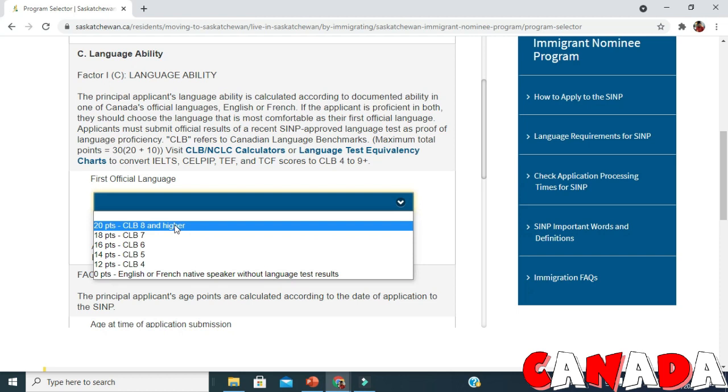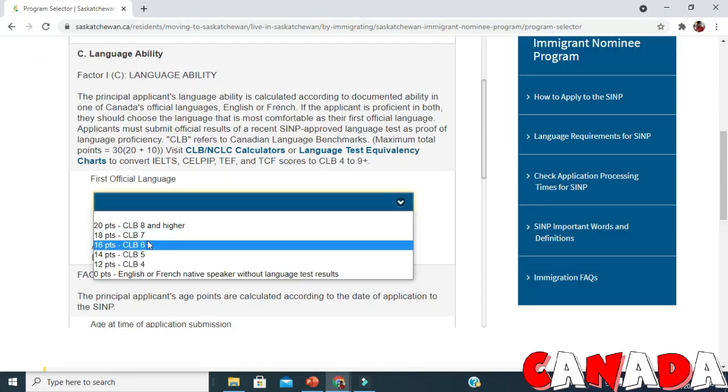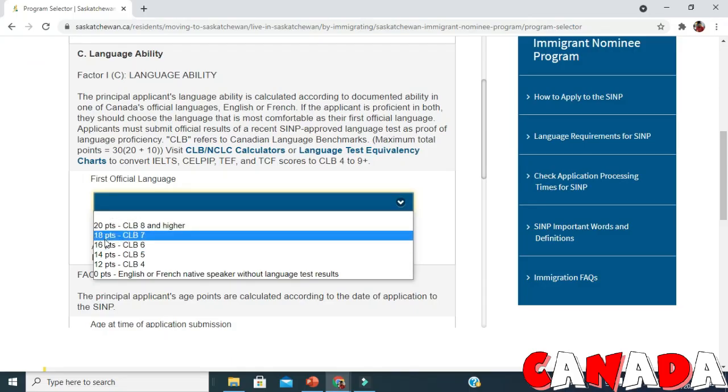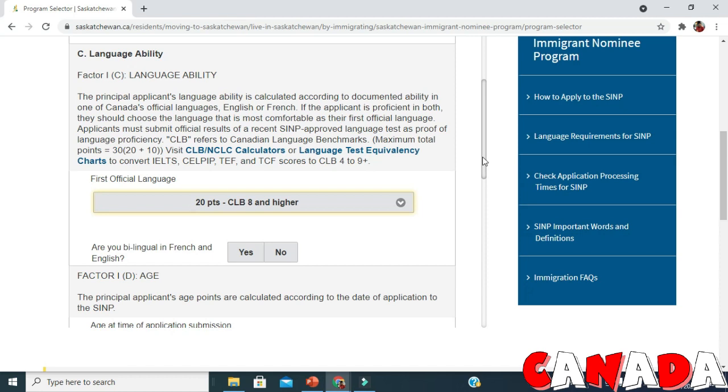But the point here is, if your score is below 6.5 in reading, writing, or speaking, or below 7.5 in listening, then you cannot claim CLB 8. It will be CLB 7 or less. And you can see that there is a difference of 2 points for each level of CLB. So we are going with CLB 8.